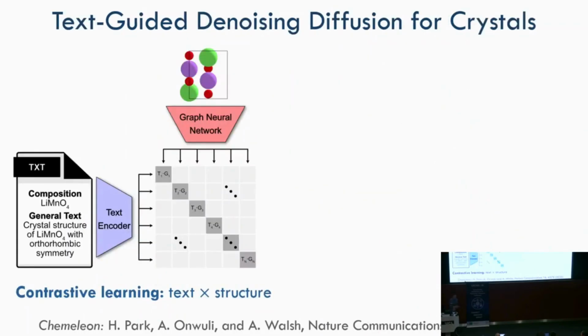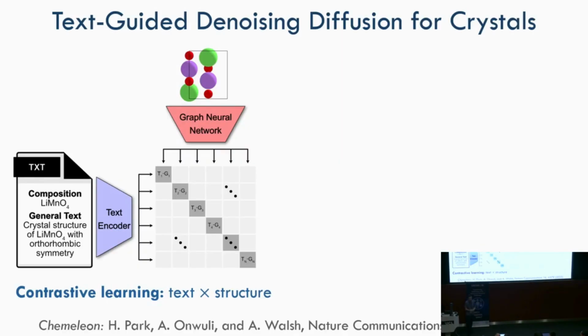Okay, so my group's first model actually for generative AI for crystals happened to be multimodal. So a really talented postdoc, Hyun-Soo Park, who was very inspired by text-to-image models, joined my group and said, why can we not make a text-to-crystal model? So he decided to tackle this. He built a data set of crystals and their corresponding text descriptions.